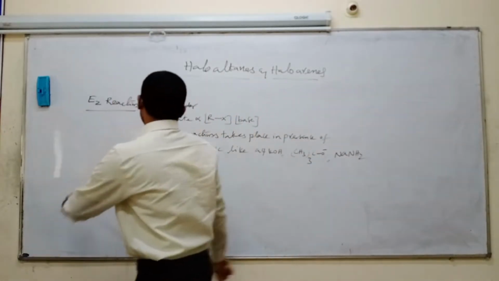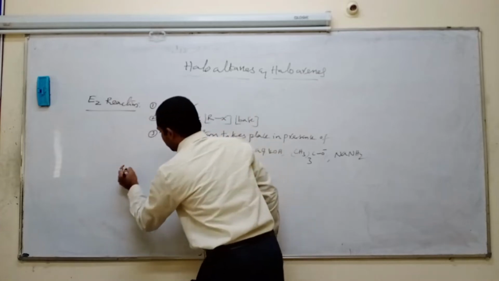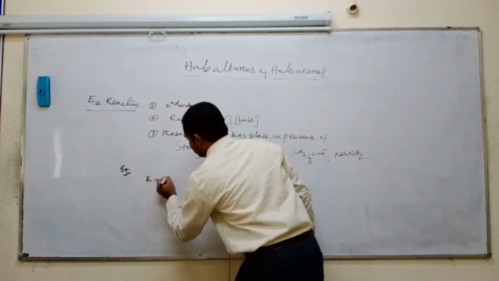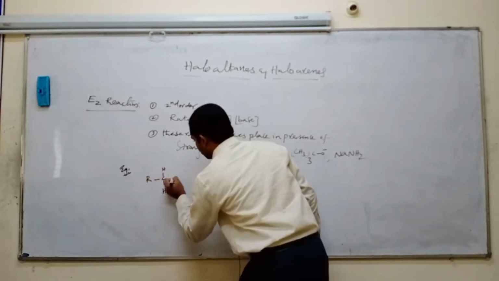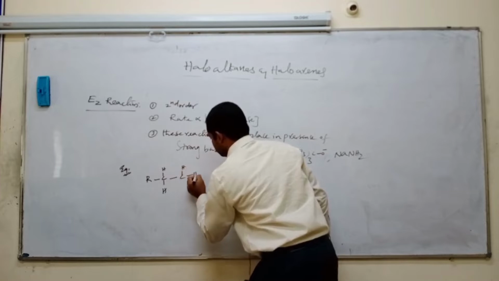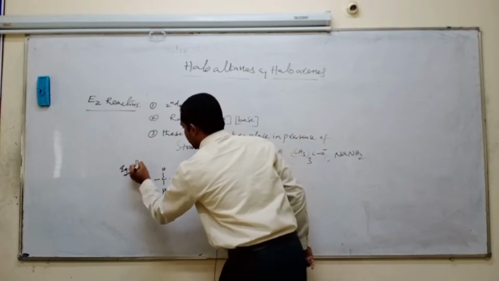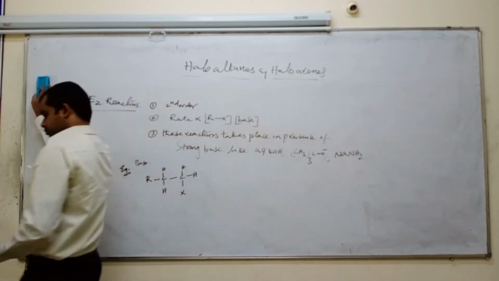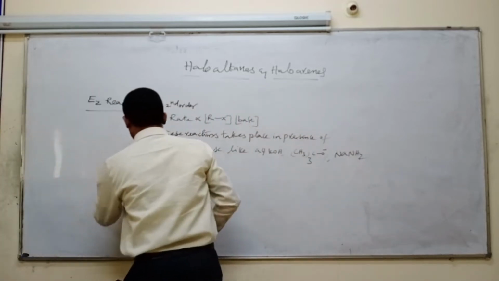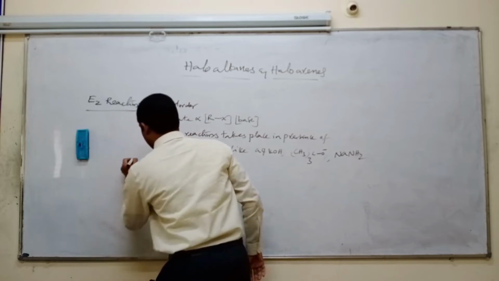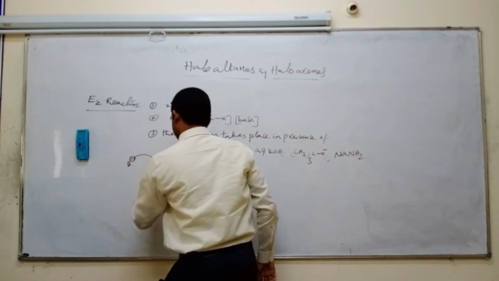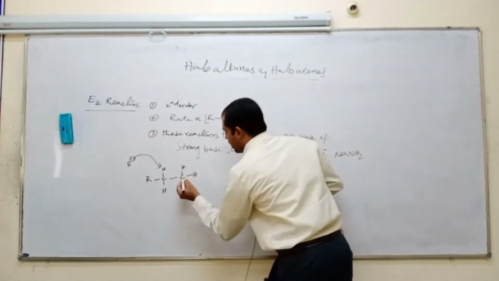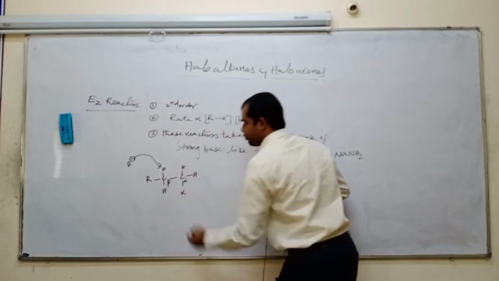This is the general reaction. Suppose we take any alkyl halide. This is the base. In the alkyl halide, this is the alpha carbon, this is the beta carbon.